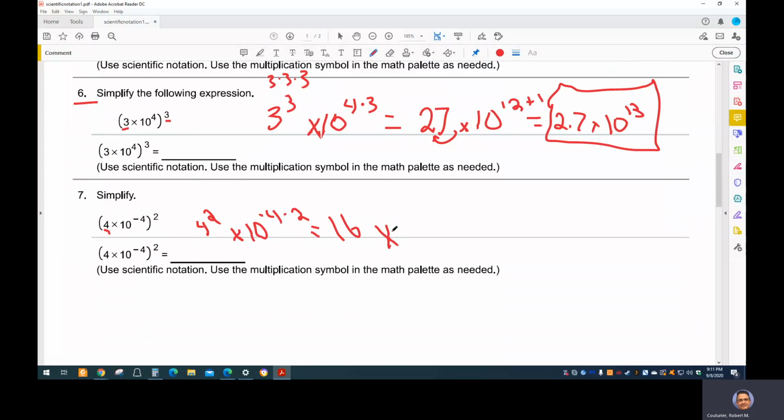The base is times 10. And negative 4 times a positive 2 is a negative 8. All right. Look, 16, that's not scientific notation. It's greater than 9. So we have to move the decimal spot 1 point to the left. If we move it to the left, then we have to go up. So again, remember, we have scientific notation, man.